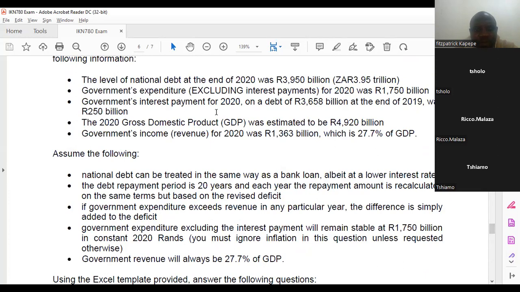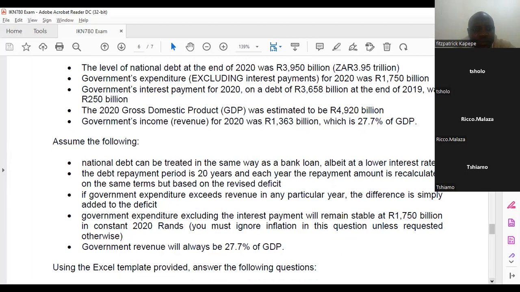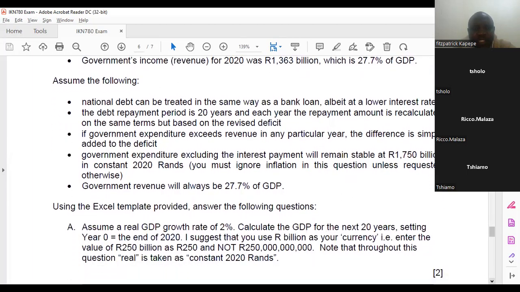The government's interest payment for 2020 on a debt of 658 billion at the end of 2019 was 250 billion. The 2020 gross domestic product was estimated to be 4920 billion. Government's revenue for 2020 was 1363 billion, which is 27.7% of GDP. National debt can be treated in the same way as a bank loan, at a lower interest rate.